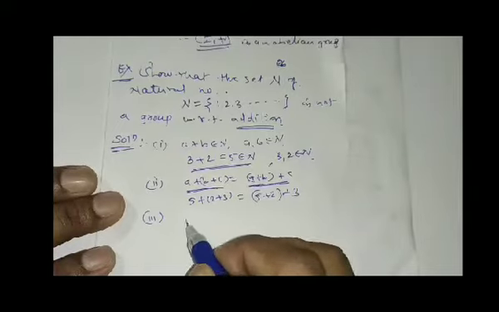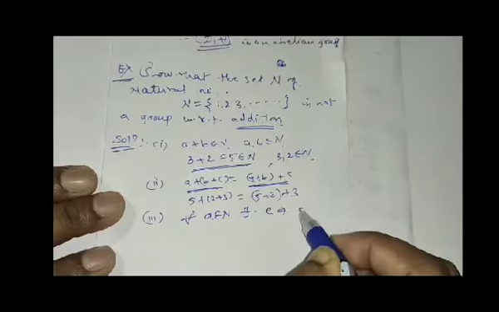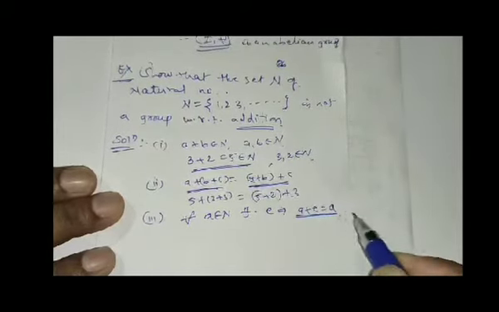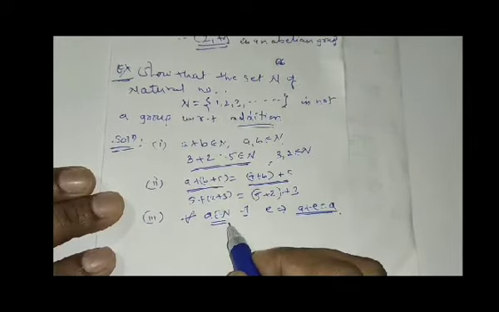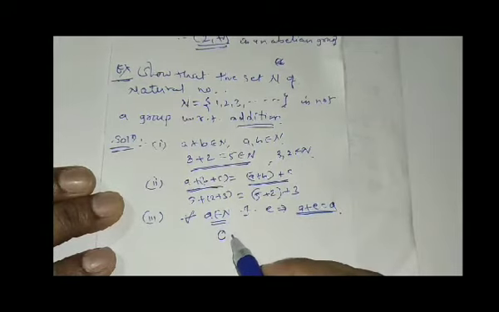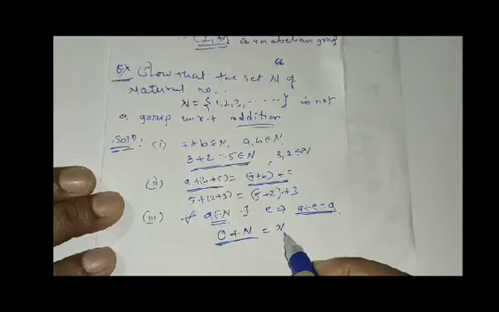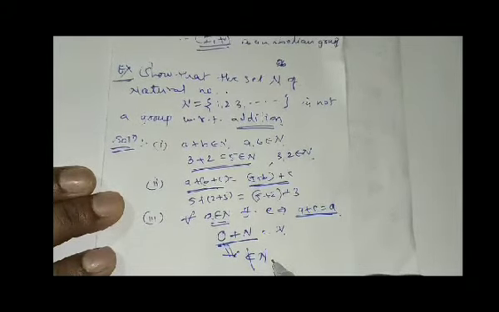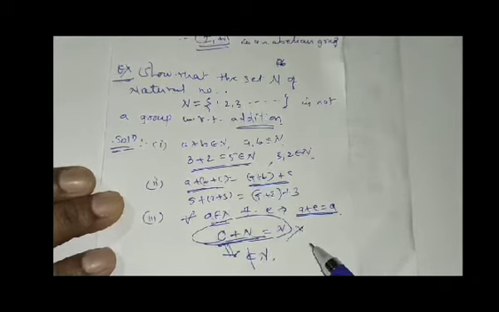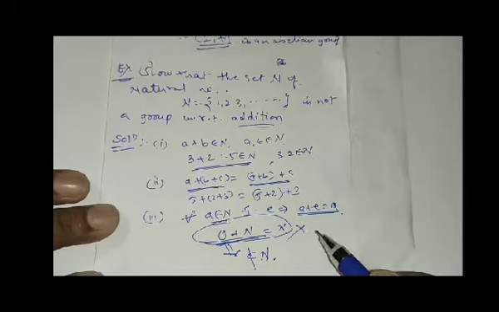Now the third point is that for all natural numbers there exists some element E such that A plus E is A. So there is a problem, because in addition, 0 is the identity element, since 0 plus any natural number gives that natural number, but this 0 does not belong to the set of natural numbers. So in the set of natural numbers there does not exist an identity element, and therefore the set of natural numbers is not a group, but it is a semi-group.